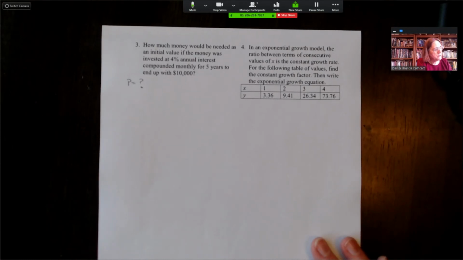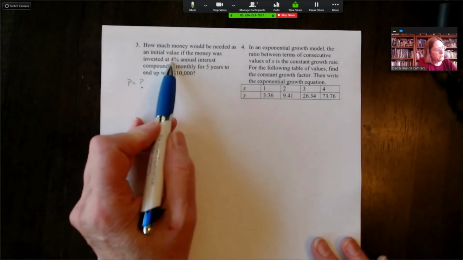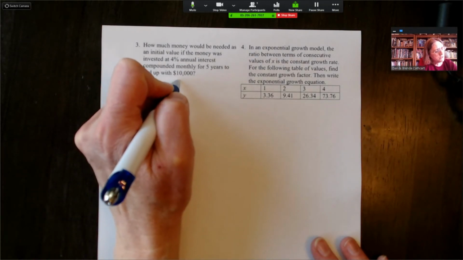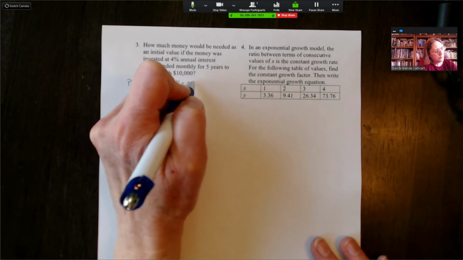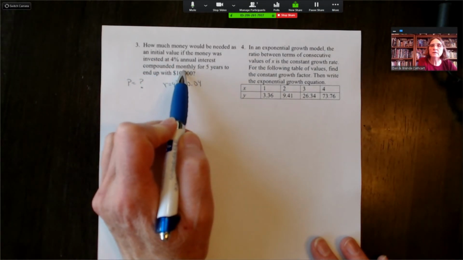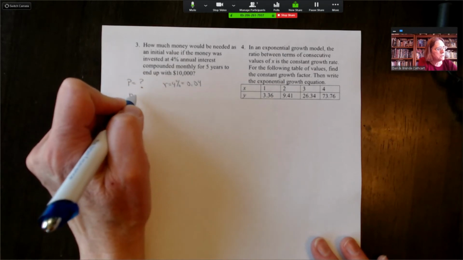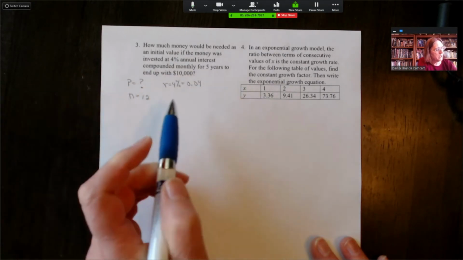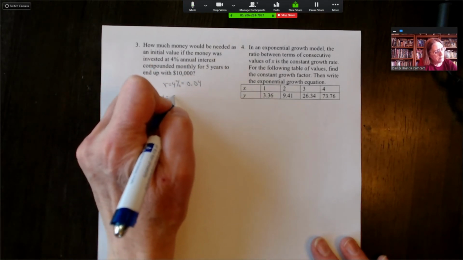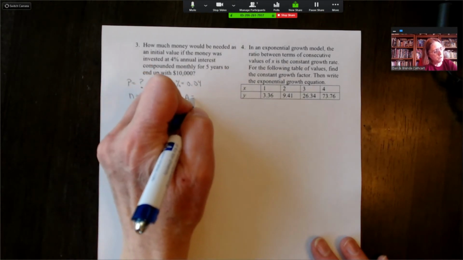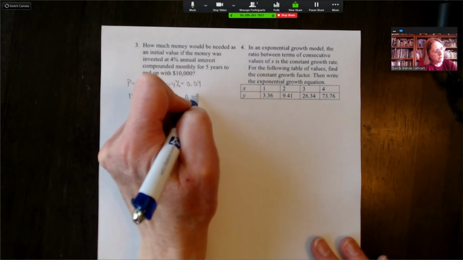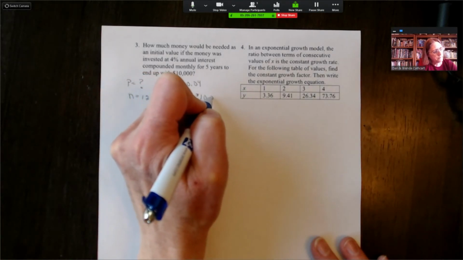And the other values that we know, we have an interest rate of 4%, and 4% is the decimal 0.04. We want to compound monthly, that's 12 times a year, so n is 12. And our time is 5 years. And we want to accumulate, at the end of that period, $10,000.